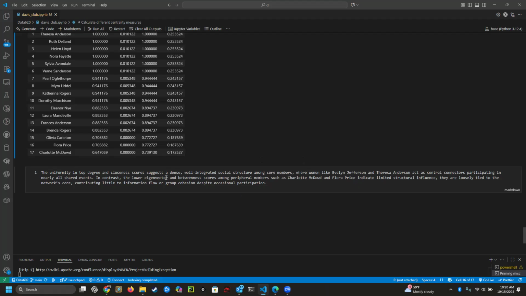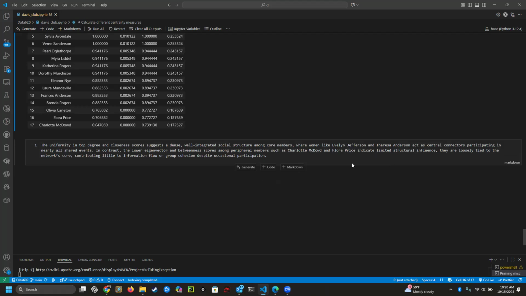Furthermore, in contrast, the lower eigenvector and betweenness scores among the peripheral members, so Olivia, Flora, and Charlotte McDowd and Flora Price, indicate limited structural influence. They are loosely tied to the network's core, contributing little information to the flow and to group cohesion.